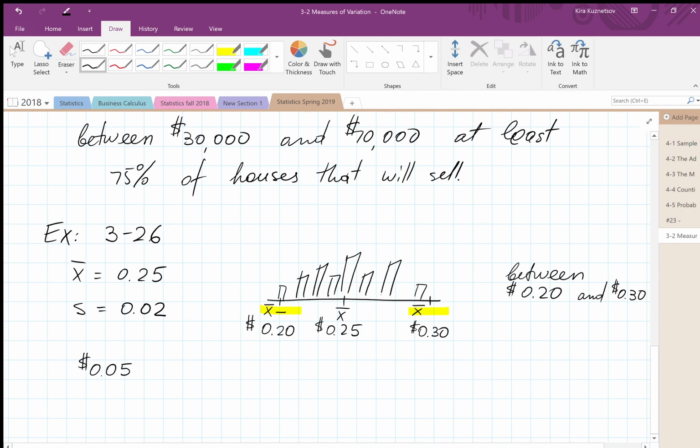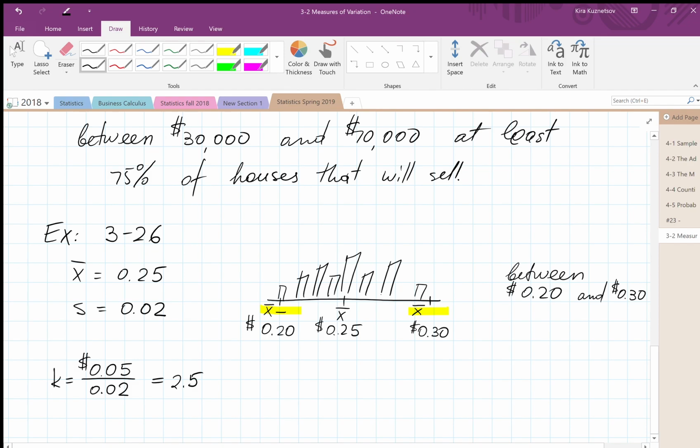The standard deviation is 2 cents. If I take 0.05 divided by 0.02, I will get 2.5. This is my number k.